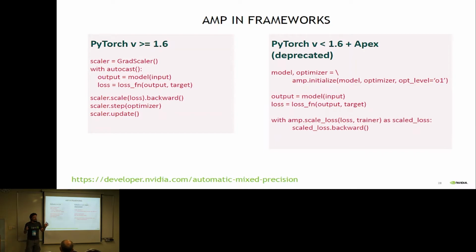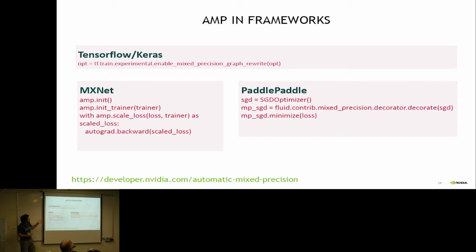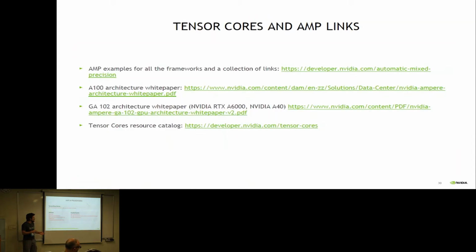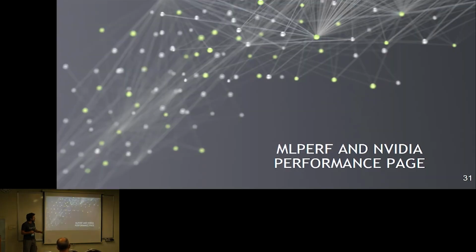It's also very easy to opt into, because there are automatic mixed precision tools for all the major frameworks. It's a couple of lines in PyTorch, one line in TensorFlow, and even Paddle and MXNet, which are less popular in the European part of the world, support that, just because that's that valuable. Links, next part.